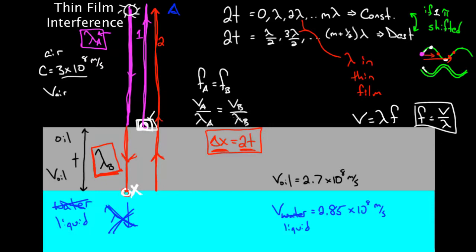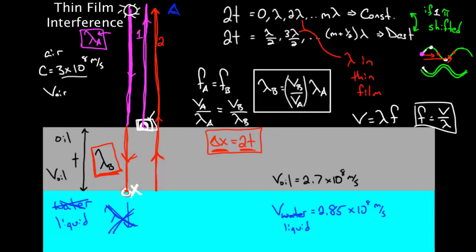Now we can just solve for the wavelength in region B. The wavelength in our thin film will equal, multiplying both sides by wavelength in B and multiplying these out, the speed of the light in region B, divided by the speed of the light in region A, that factor times the wavelength of the light in A. So this is one way to determine it if you're given the speeds like I did here.